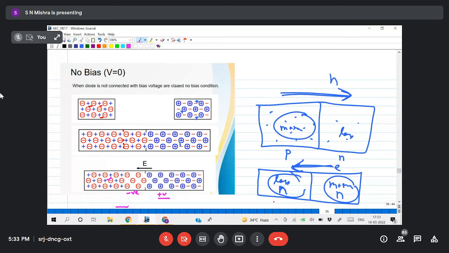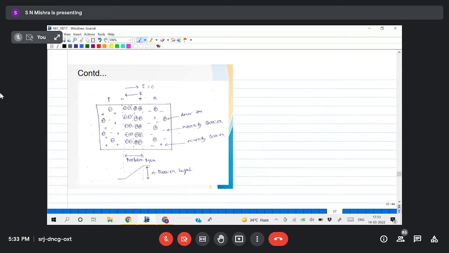So across the depletion region, the potential is increasing like this. Okay, and this is your barrier height.